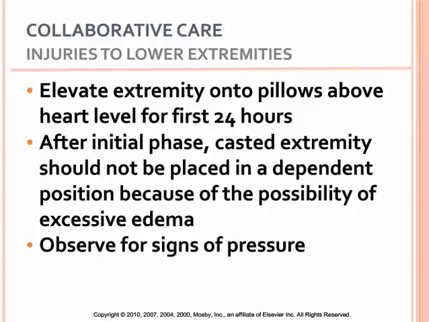You should elevate the extremity on pillows to above the heart level for the first 24 hours. After the initial phase, the casted extremity should not be placed in a dependent position because of the possibility of excessive edema and not enough room inside the cast. And you should observe for signs of pressure.